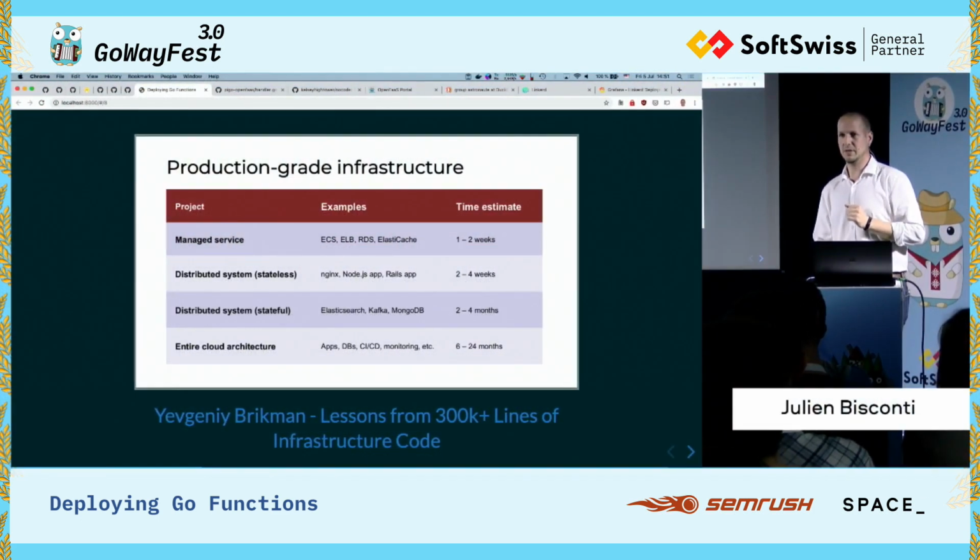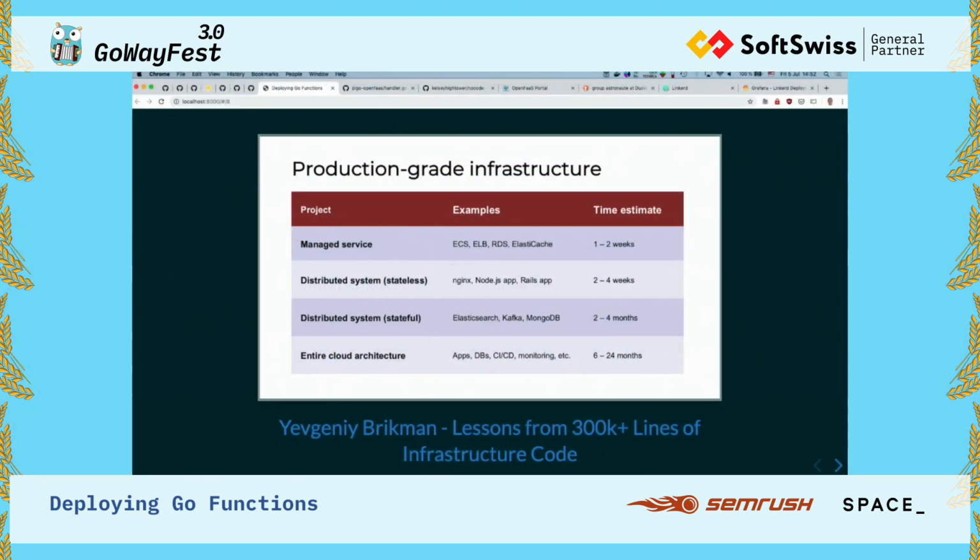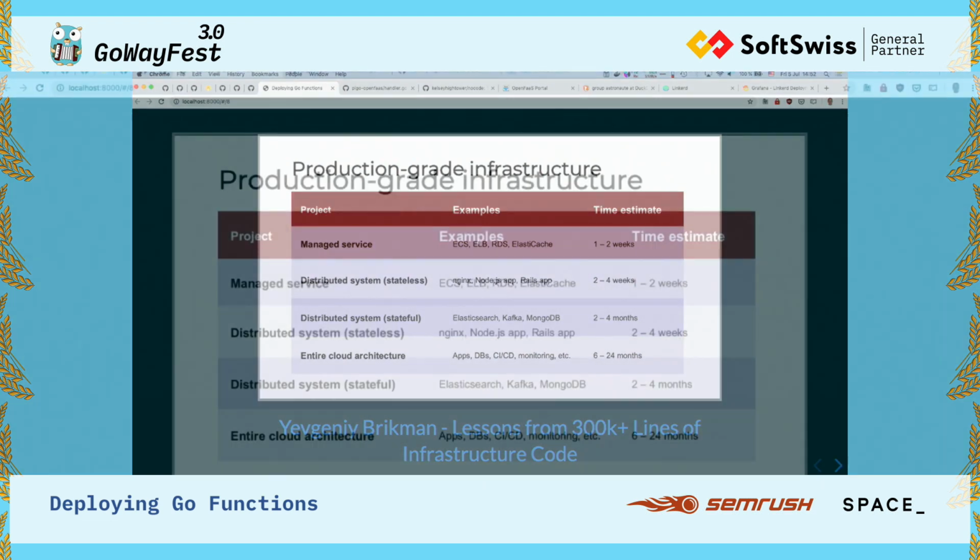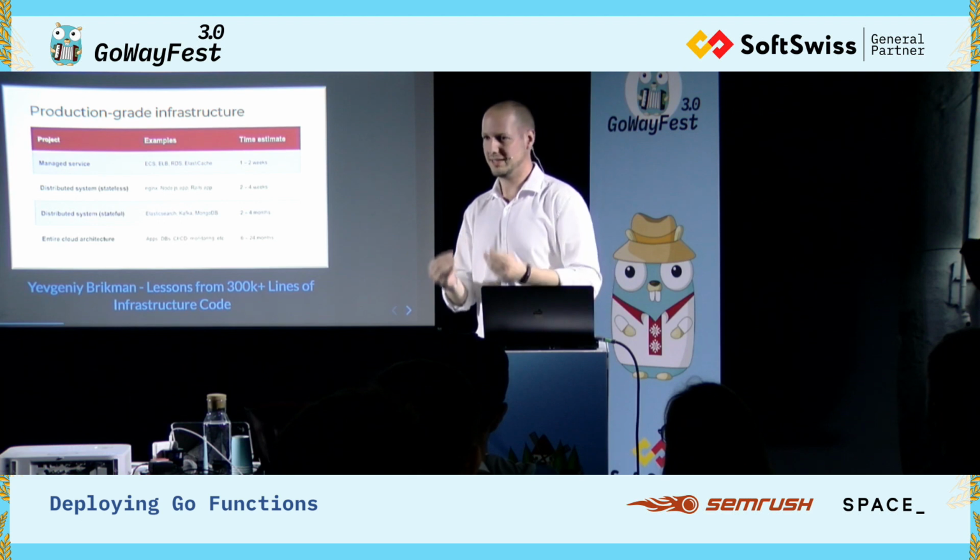I think it's very much aligned with the philosophy of Go. Another thing that we underestimate is how we get production-grade infrastructure. Even though the name serverless is kind of an overused term, when you want production-grade infrastructure, you have to think about a lot of details. And those details take time.